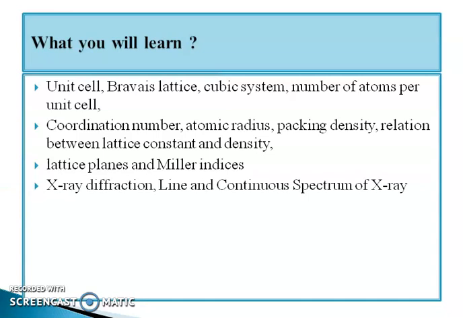Second part of this unit is X-ray, and in X-ray diffraction, line and continuous spectrum of X-ray, and at the last, introduction of Maxwell's equations. To start with the crystal, we must know some concepts.